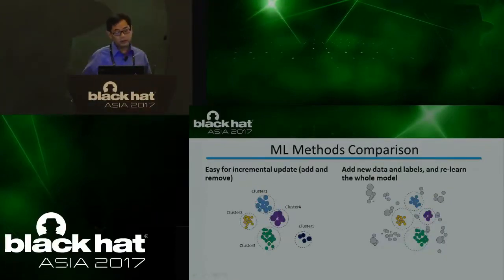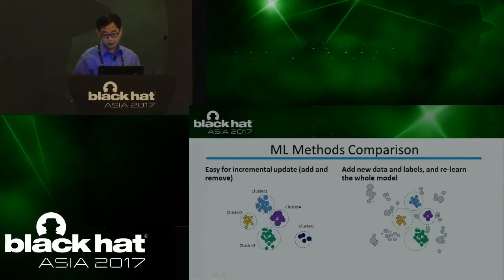Another machine learning method comparison. For supervised, as I said, it is hard. You have to add new data and new labels and relearn the whole model. For the unsupervised, you can do it incrementally, so you can just add your information. In this diagram, first we do 4 clusters, then we add information that is good enough to form cluster 5.